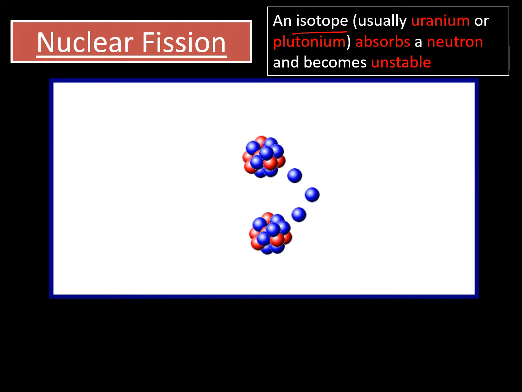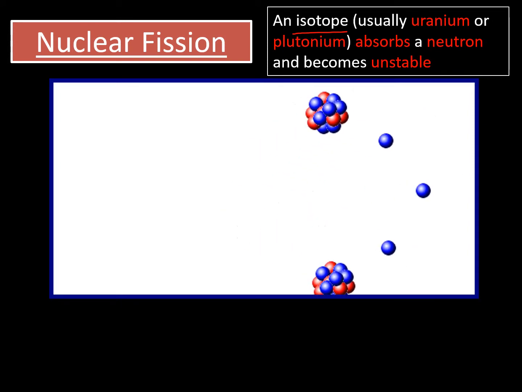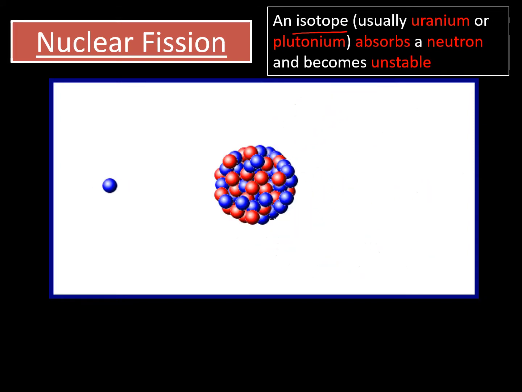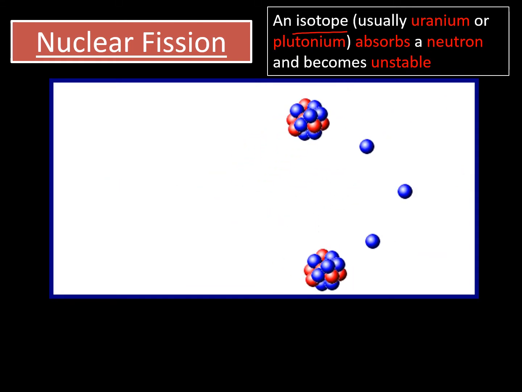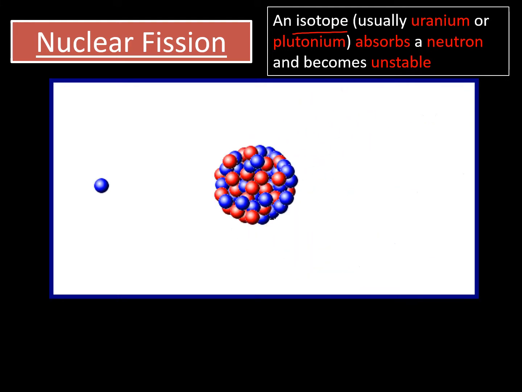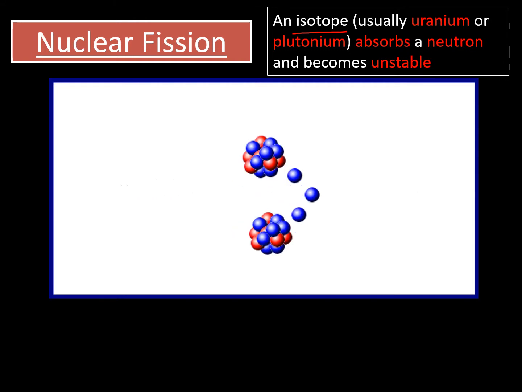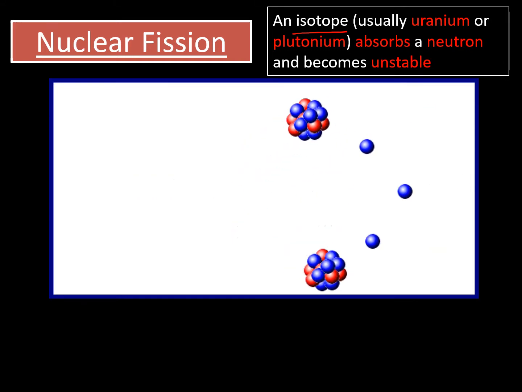When that large nucleus absorbs a neutron, it becomes unstable and therefore undergoes decay to become more stable. So the neutron is kind of like the tipping point. It's like having just too many objects to carry, everything falls to pieces. Any sorts of analogies like that work out there.